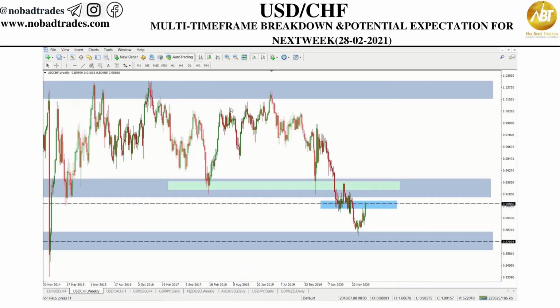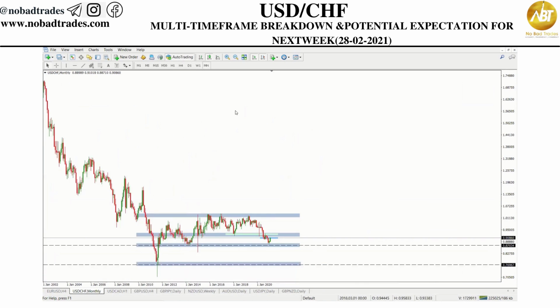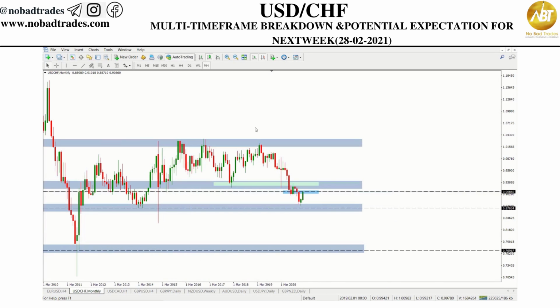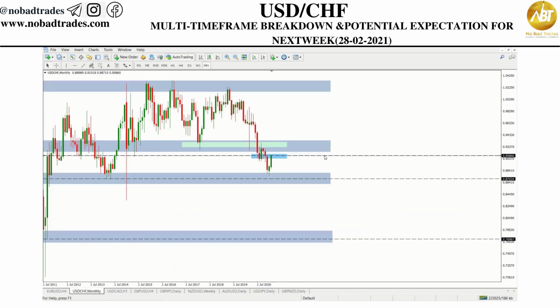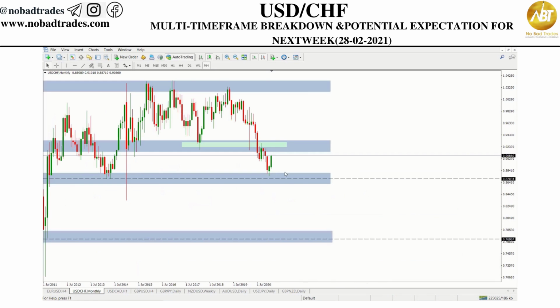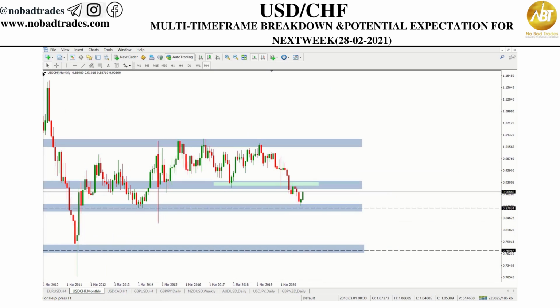Okay, so let's go back to the monthly time frame. This is quite a straightforward analysis. It's quite simple. We have a situation whereby price is following a historical pattern.